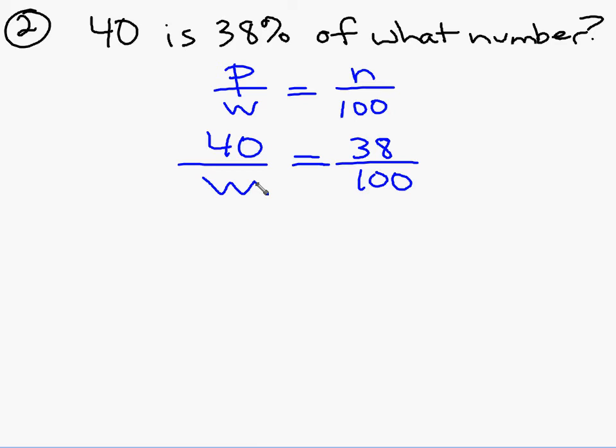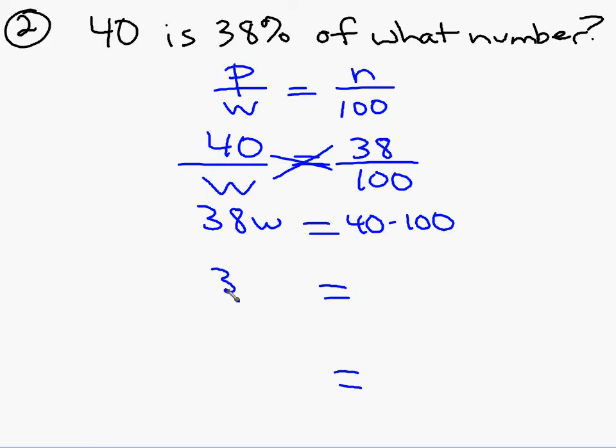So from here, it's exactly the same. I put another equal sign. Remember, these are all going to be equations, so they need to look like an equation. 38W equals 40 times 100. 38W equals 4,000. And then what do I divide by? 38.